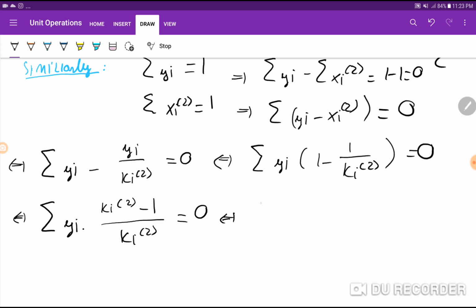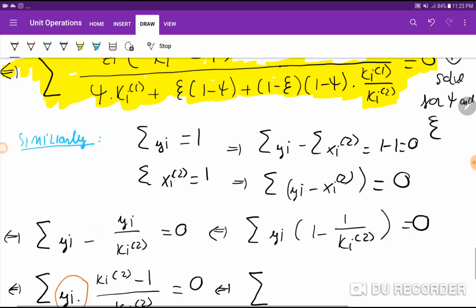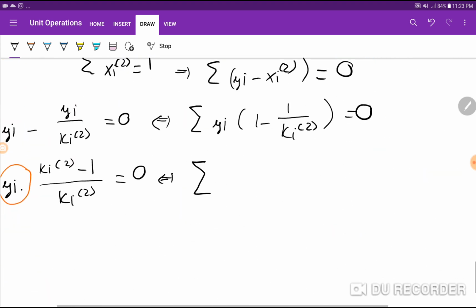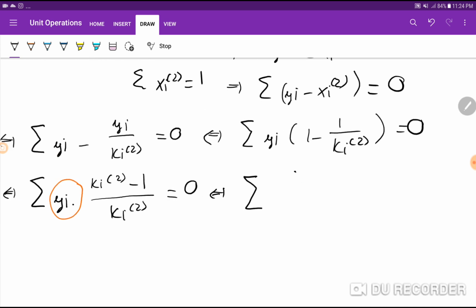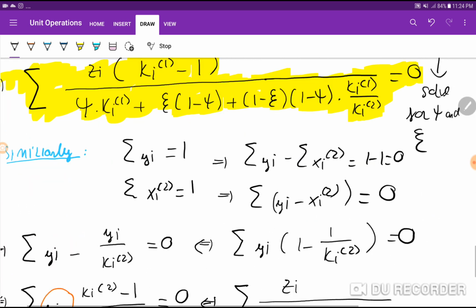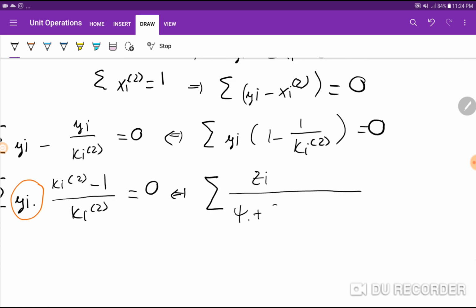So now I'm gonna plug in everything. I'm gonna substitute in yi again. Circle this. I'm gonna substitute the whole thing. Okay. So oh my god, this is the last time. Zi over psi times... I might remember this expression after if I do it a lot. You will as well.